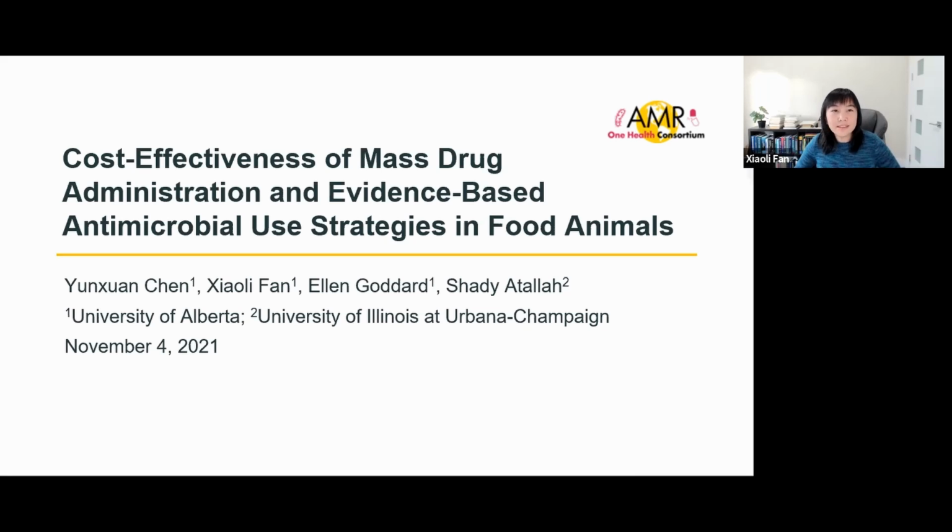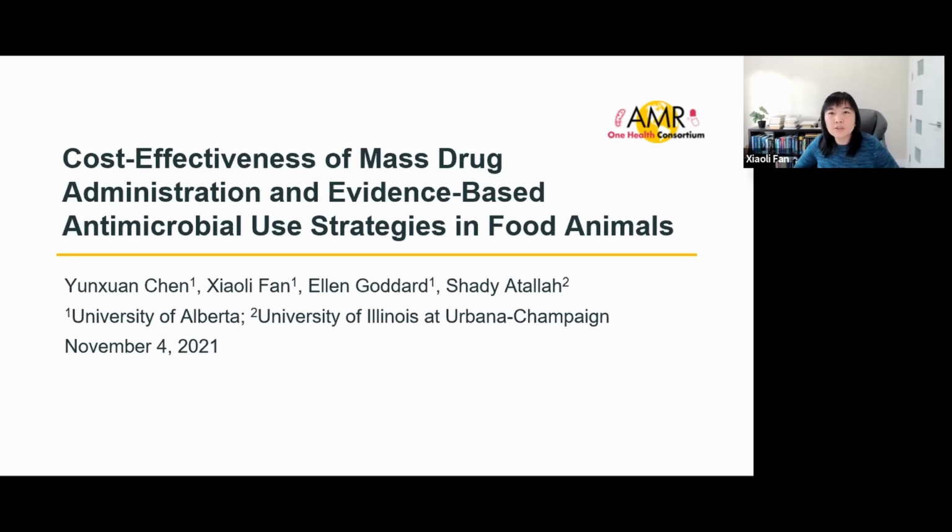I highlighted here that we are studying antimicrobial resistance because WHO declared it as one of the top 10 global public health threats facing humanity. Others on the list are climate change, pollution, and vaccine hesitation.